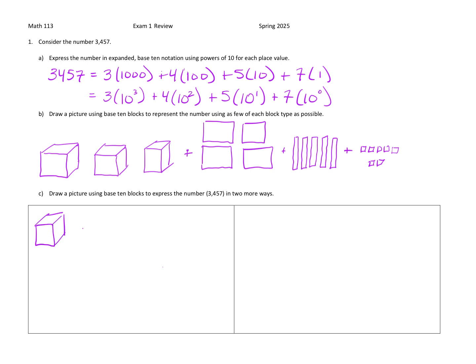So here's just 2,000. Okay, so 2 large cubes. And then instead of 4 flats, I'm going to have 14 because I'm trading this cube for 10 more flats.